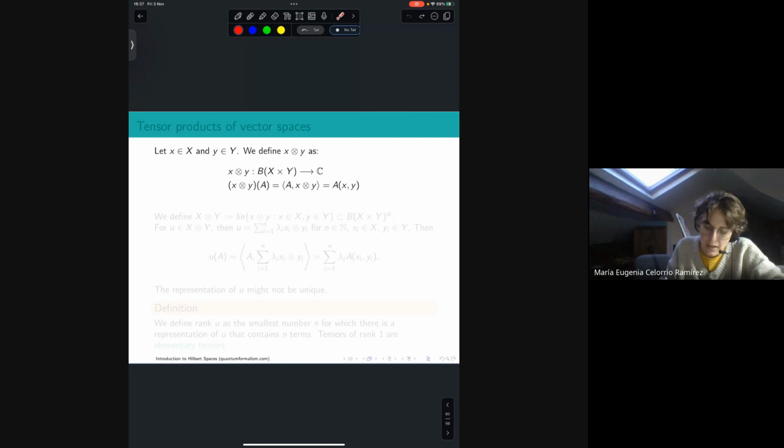Basically, x tensor y applied to the bilinear form A is the same as A applied to the pair x, y. We define the tensor product space as the linear span of these basic tensor products. And this is a subset of the algebraic dual of the bilinear forms.